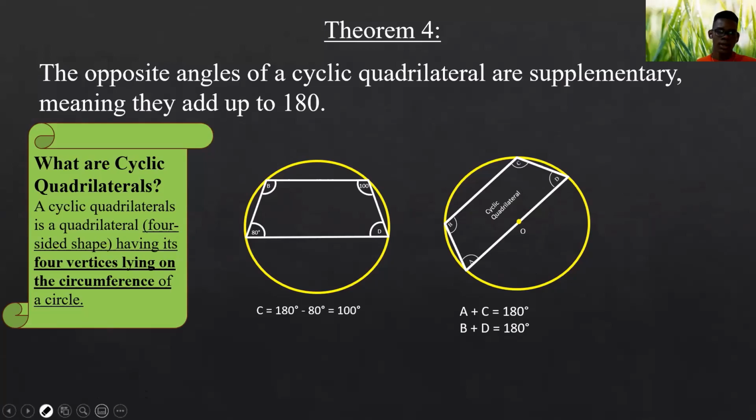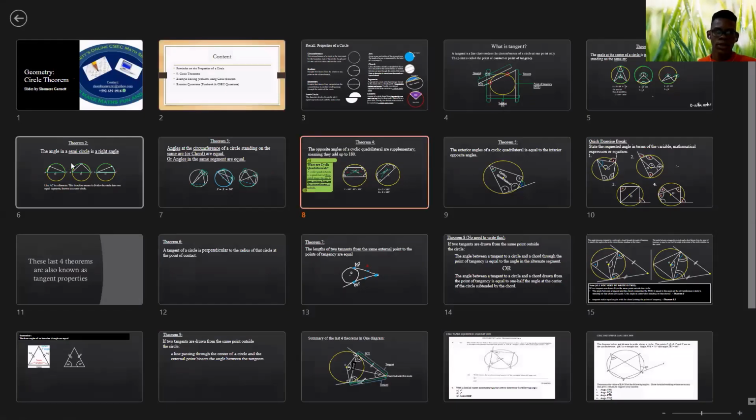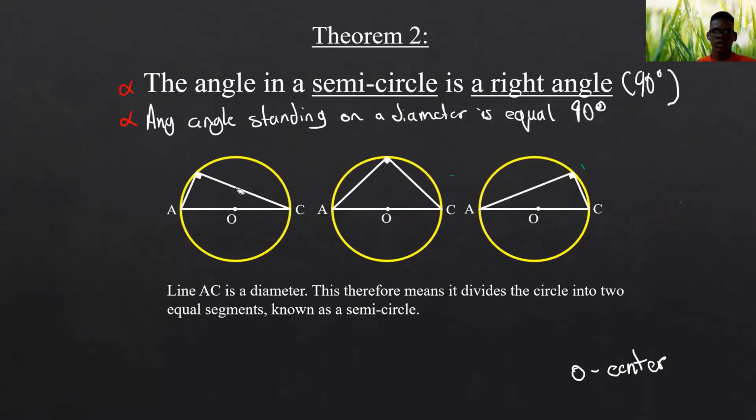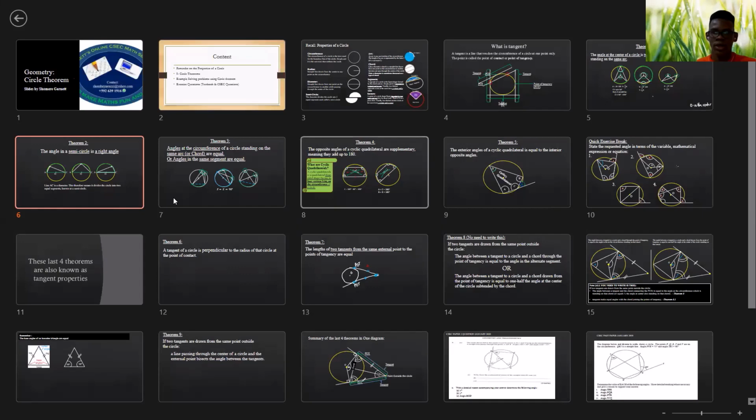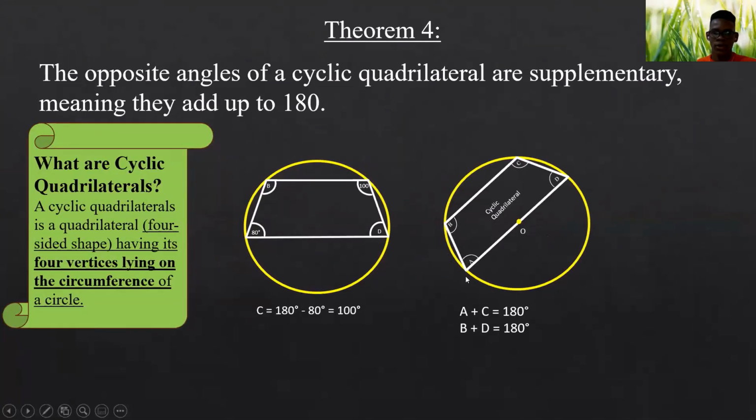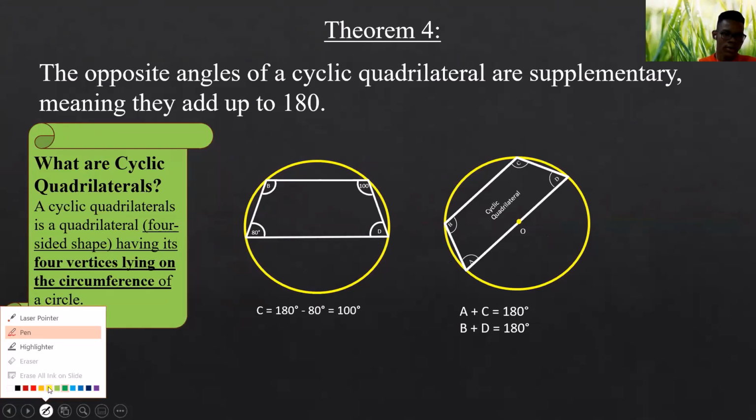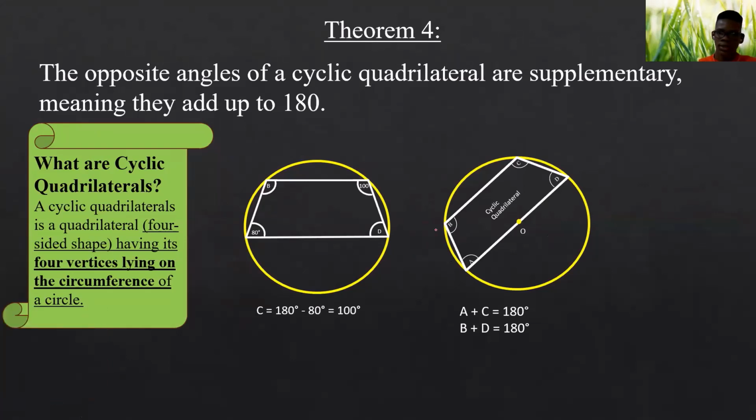In Theorem 2, all of the angles that we were saying are located in a semicircle were actually standing on the diameter. This angle here was standing on the diameter, and in this scenario with our cyclic quadrilateral, none of them are actually standing on the diameter. Let me show you guys this a bit better.